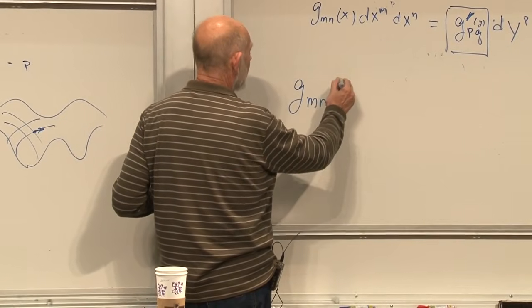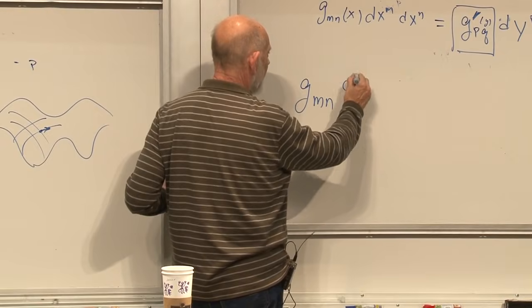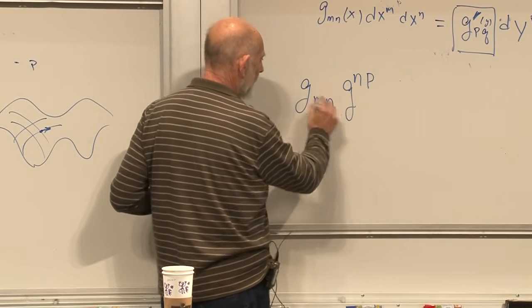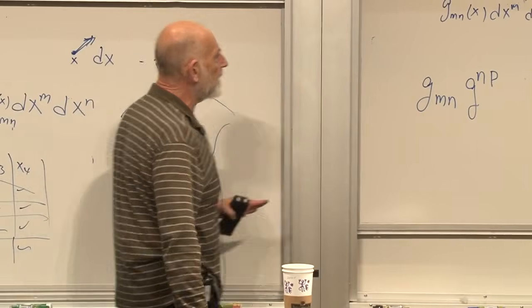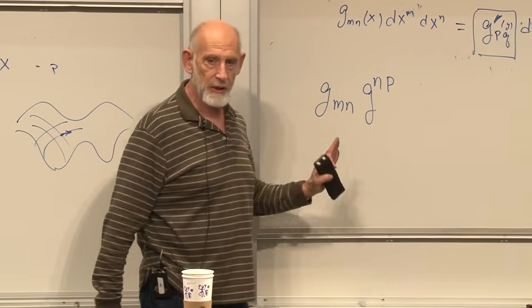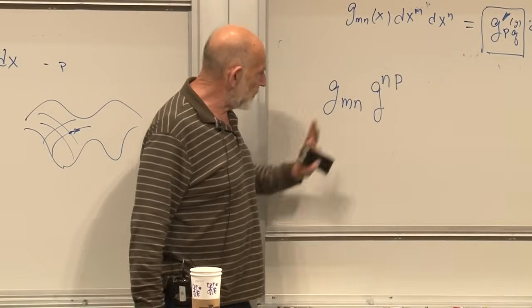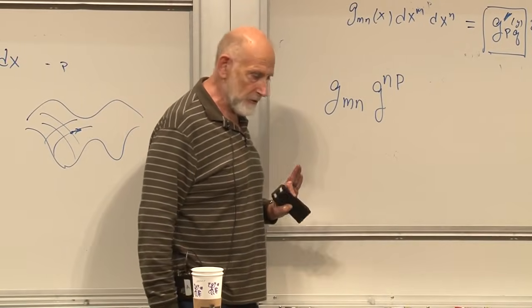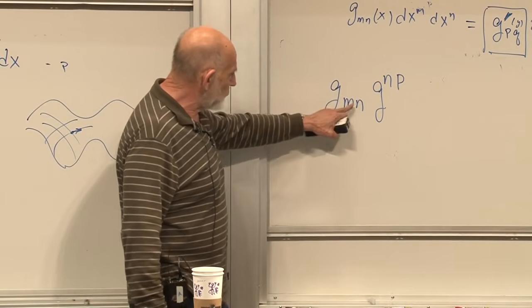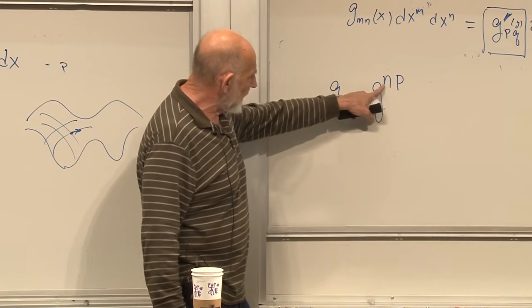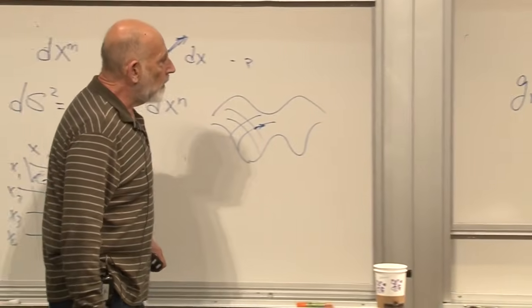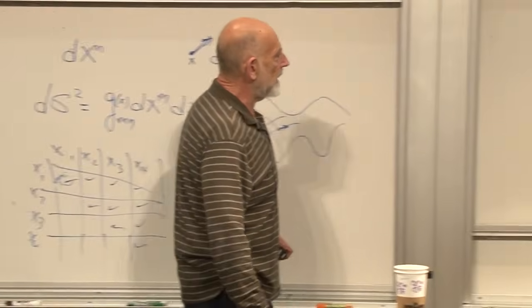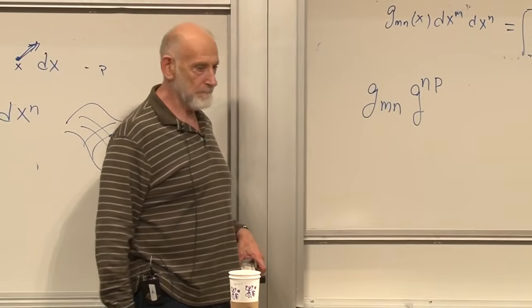G_MN times G^NP, summed over N, contracted. This is a legitimate expression here if G^NP is truly a tensor. If G^NP is truly a tensor with the upstairs index, then this is a legitimate product of two tensors with the index N contracted. Can you guess what the answer is for this product?